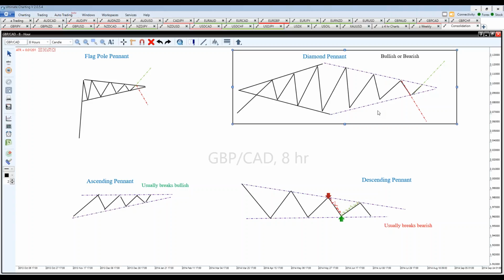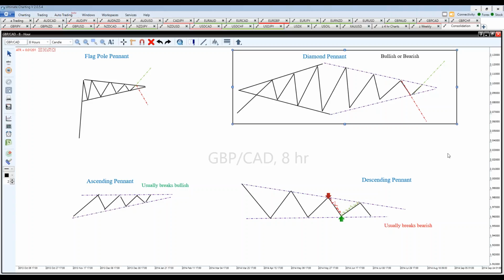And that's the reason why it takes that form, and that's why it's called a diamond pennant. Now, similar to the flagpole pennant, it could break out either bullish or bearish. However, keep in mind the direction in which the market was moving as it fell into consolidation, and that could give you an idea of the direction of the potential breakout.